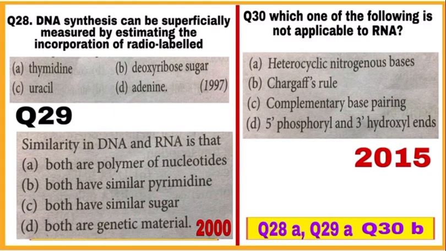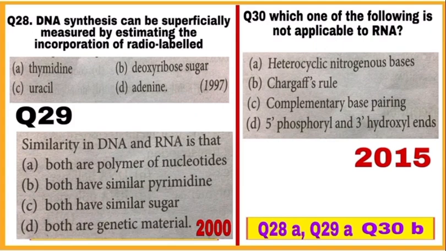Option D, DNA is considered as genetic material and not RNA. So statements B, C and D are not the correct option, while statement A is correct answer for the given question. Mark A.